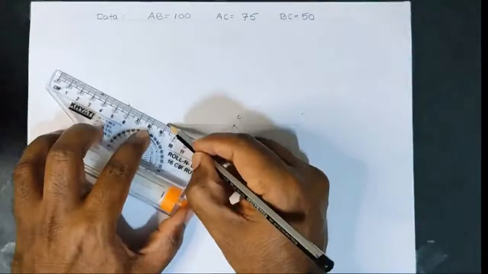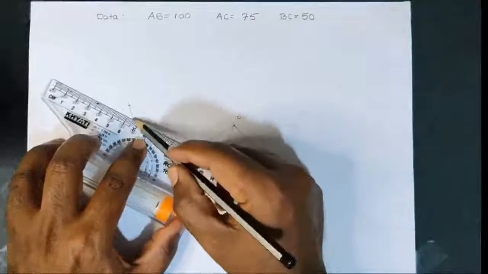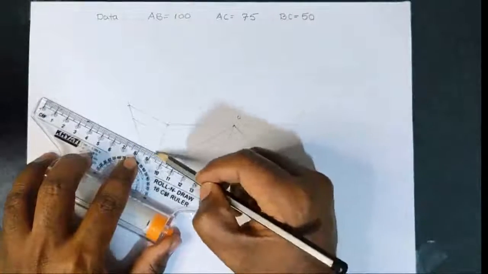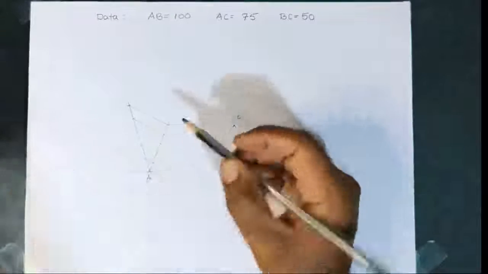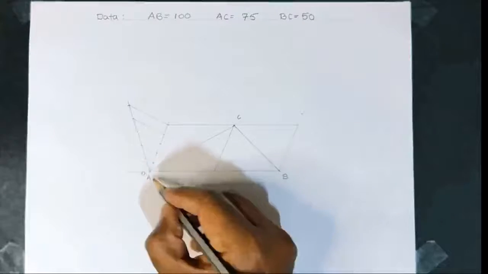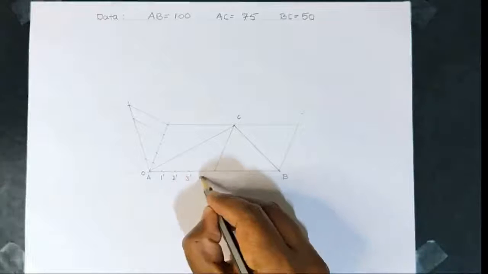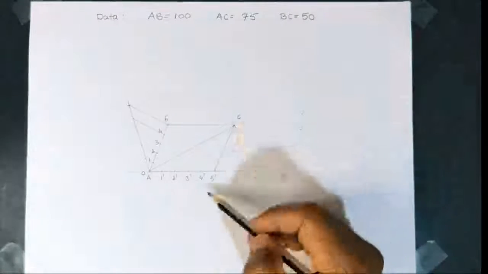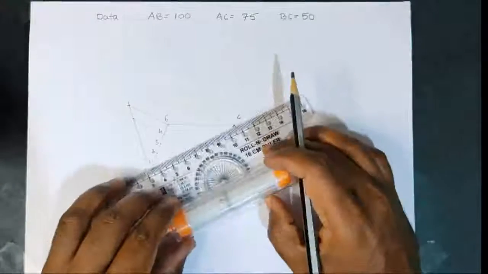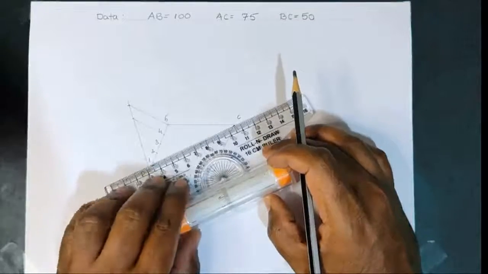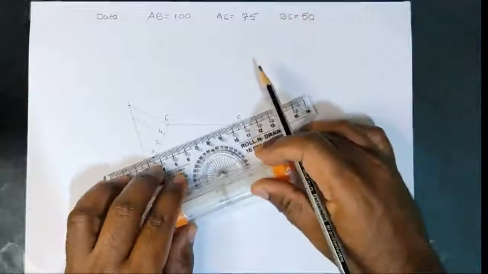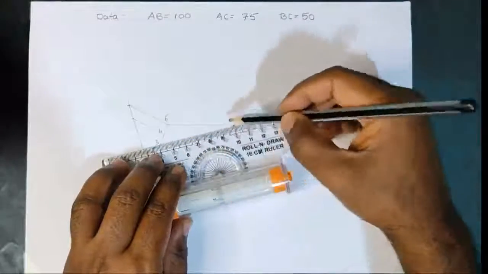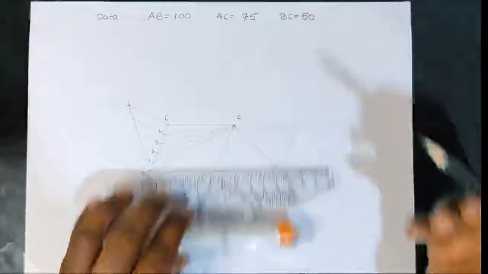I take 5 equal divisions, join the endpoint of the fifth division with the endpoint of the inclined side and then start drawing parallel lines to it. I give names to the divisions found: 1, 2, 3, 4 and 1 dash, 2 dash as shown. Now I join point C with 1, then 2 with point C, and then with 3 and 4 respectively.